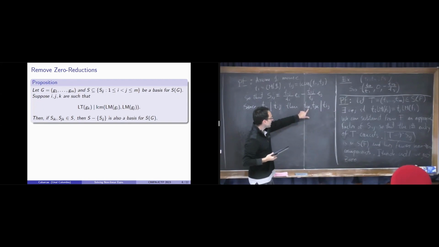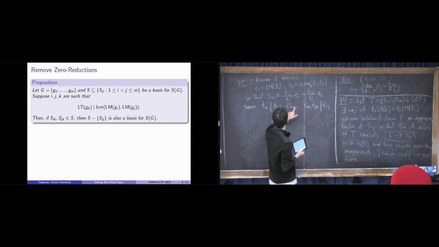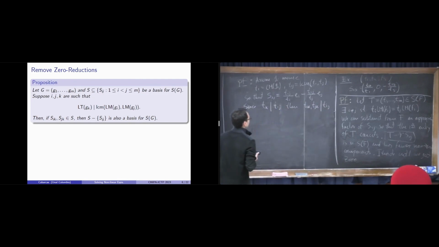Because Tik is the least common multiple between Ti and Tk. Tk divides Tij, and Tj obviously also divides Tij. So Tik and Tjk divide Tij. All right.